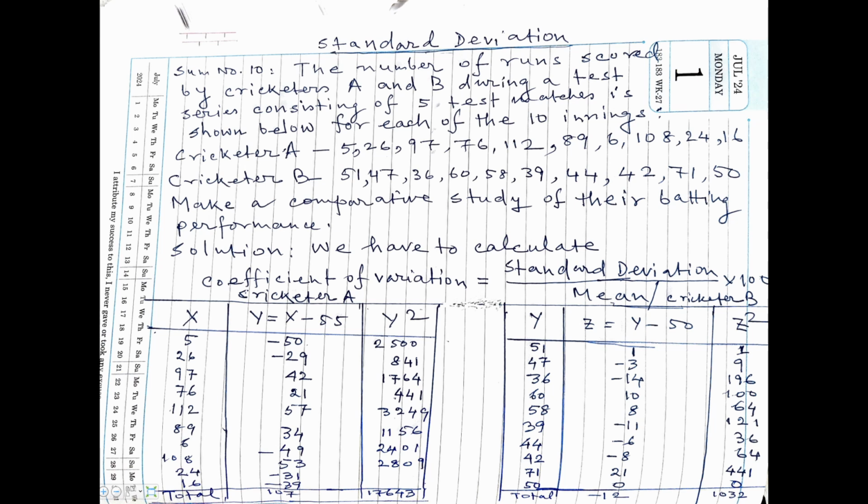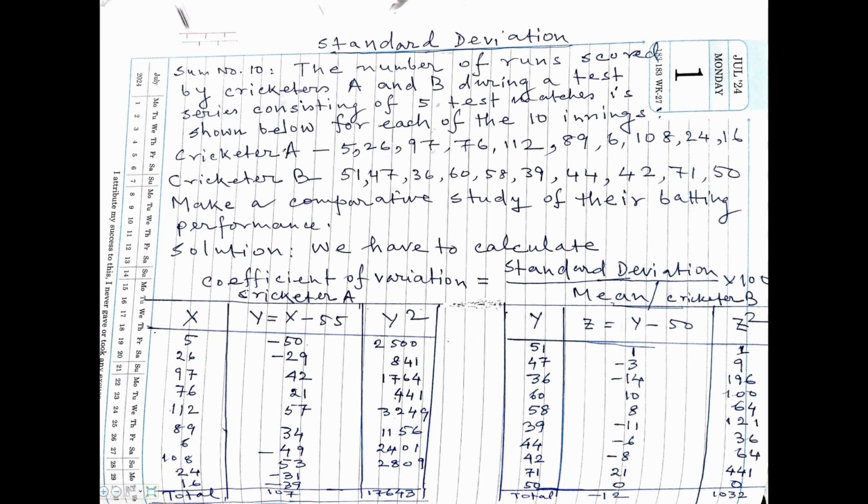Here the runs of cricketer B are denoted by Y, and we have made a column for Z, which is equal to Y minus 50, and a Z square column. So when Y is equal to 51, Z is equal to 51 minus 50, which is 1, and 1 square is equal to 1, that is Z square.